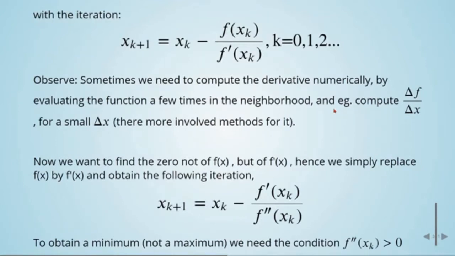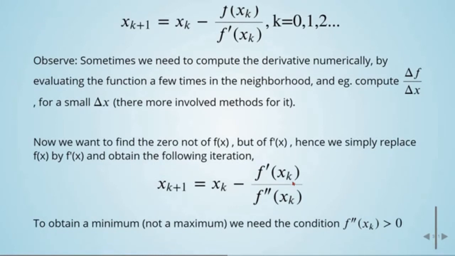Hence we simply replace f of x by f prime of x, and we obtain this iteration here. So now we have x_{k+1} equal to x_k minus the first derivative divided by the second derivative. To obtain a minimum, not a maximum, we need the condition that the second derivative is greater than 0.